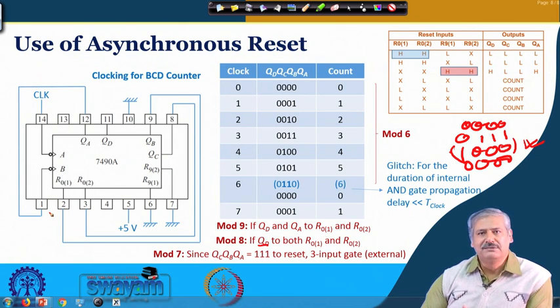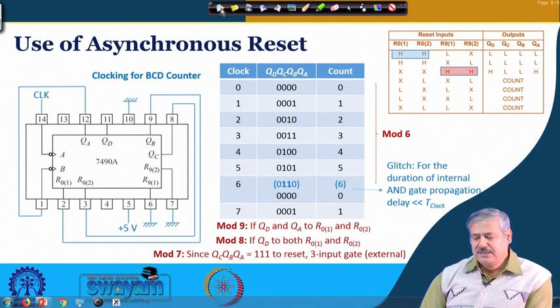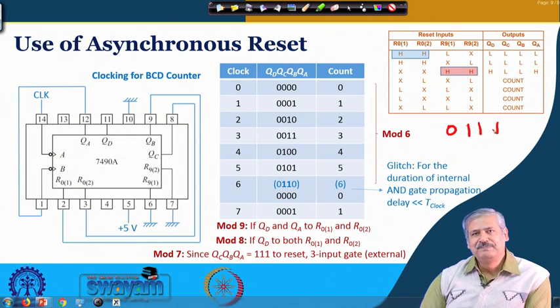But if you want to get a mod 7, then the first time it is happening, it is 0 1 1 1. Okay. Now, with 2 inputs it is not possible, because if you give just these 2, then it is mod 6. First time it will occur when 0 1 1 0, and if you want to give these 2 inputs, that will also occur when it is 3, and if you want to give QC and QA, that occurs when it is 5, isn't it.